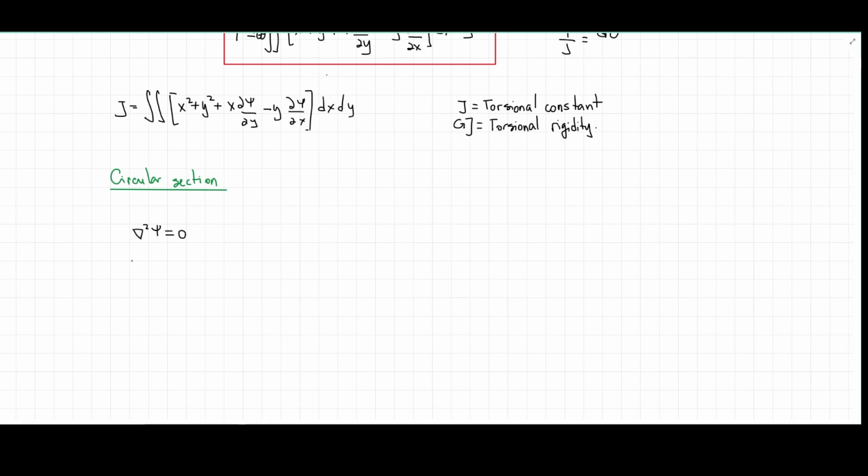So for this to be equal to 0, it means that the term that is going to be differentiated has to be constant, meaning that this psi function is constant.